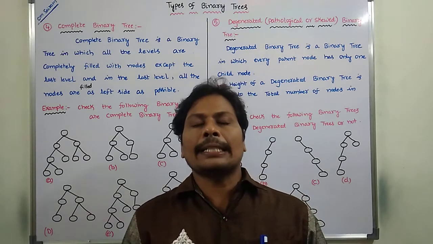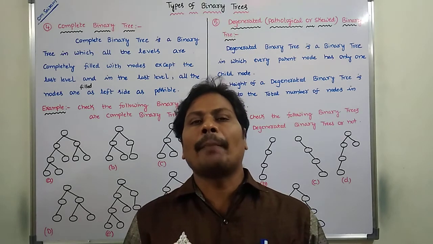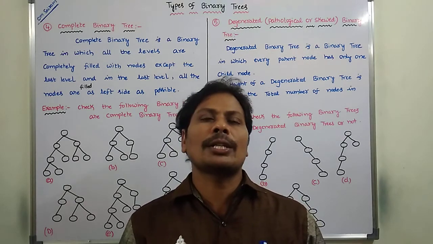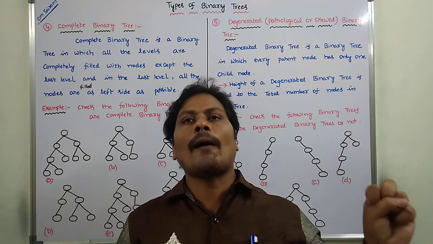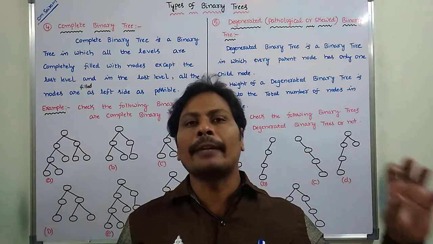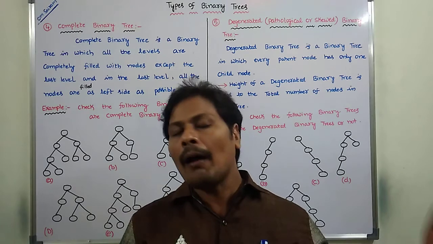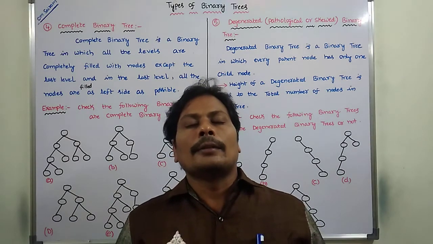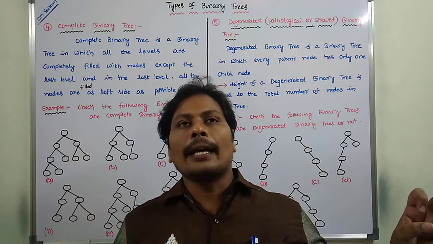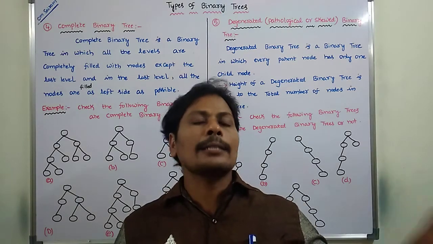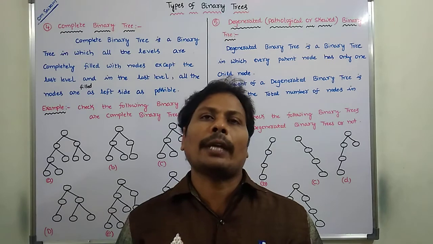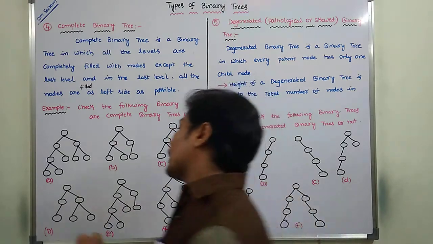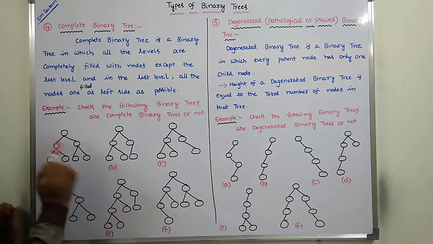A complete binary tree is a binary tree in which all the levels are completely filled with nodes except the last level. In the last level, the nodes are filled as far left as possible. Okay, so now consider this example.